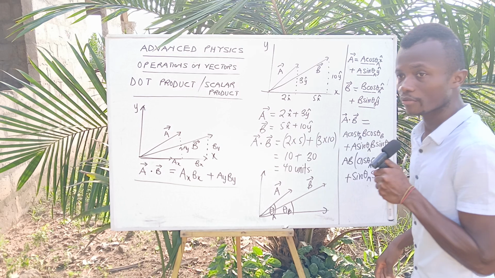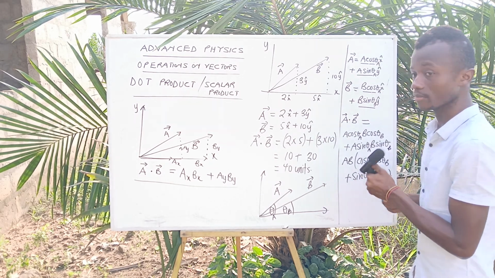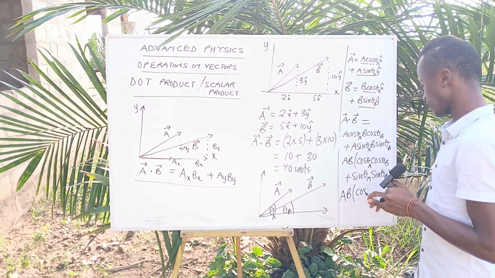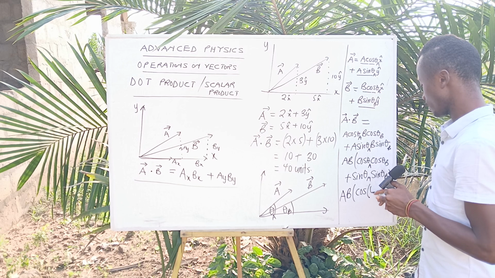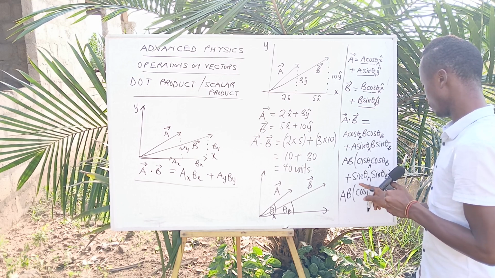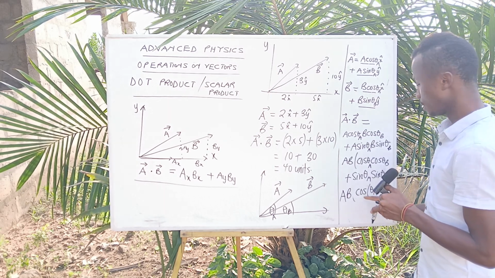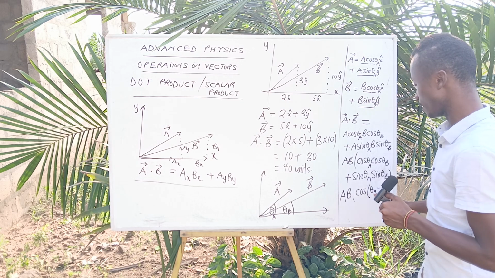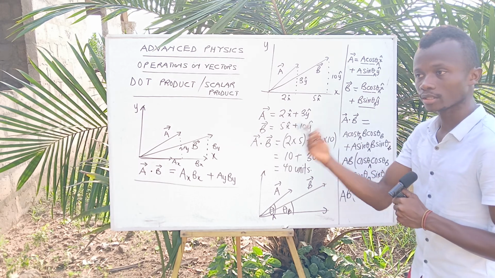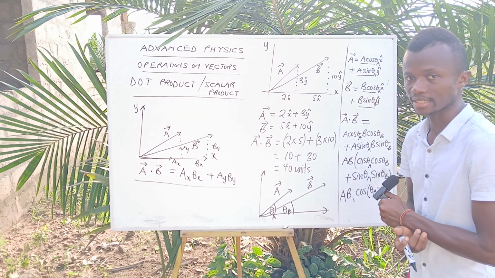Now there is a trigonometric identity that if you have cos theta A, cos theta B plus sin theta A, sin theta B, it is actually written as cos bracket theta A minus theta B. So cos theta A minus theta B, if you expand this bracket, you have cos theta A, cos theta B, plus sin theta A, sin theta B. It is beyond the scope of this class for me to explain that elementary trigonometric identity.